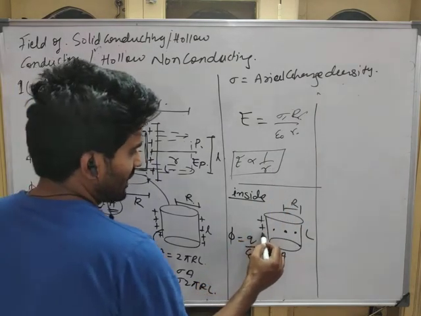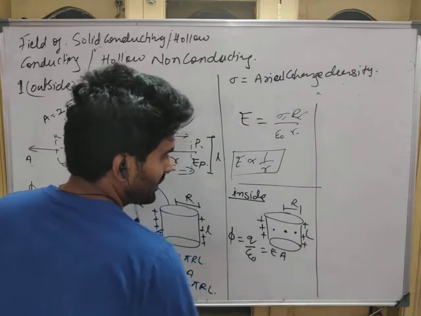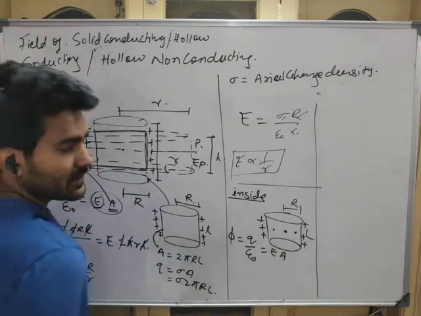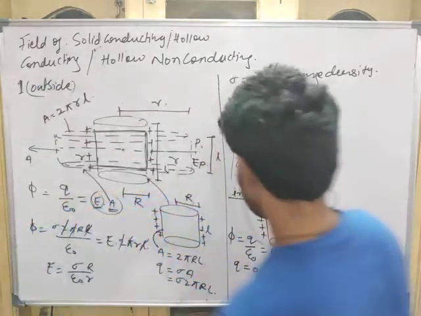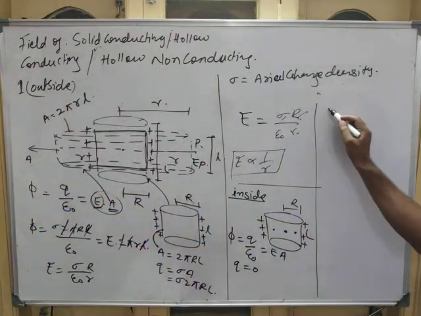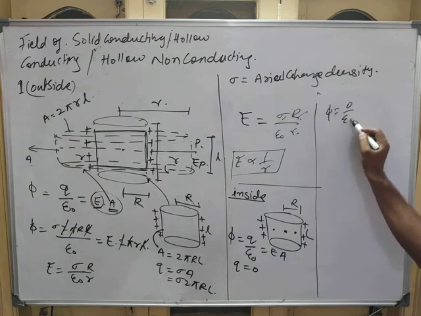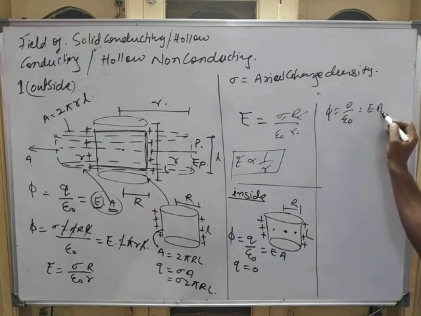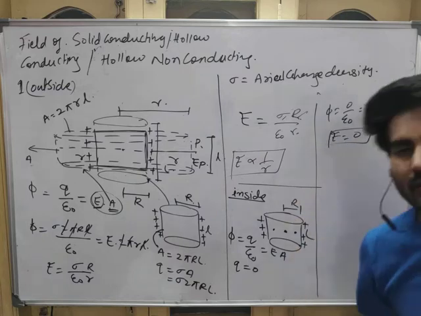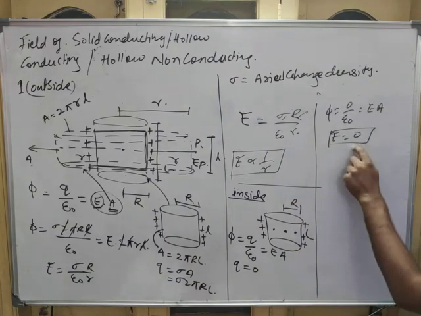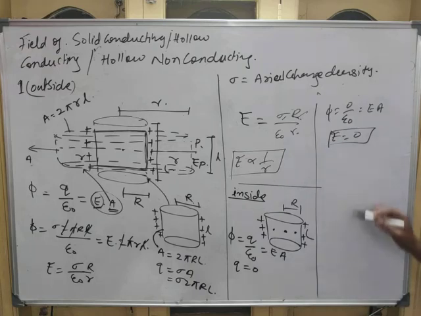But we know that charge is only outside, not inside. So we can say Q is equal to 0. When Q is equal to 0, we can say phi equal to 0 by epsilon, equal to EA, right? So E here is equal to 0. It means the field at any point inside will become 0, correct?